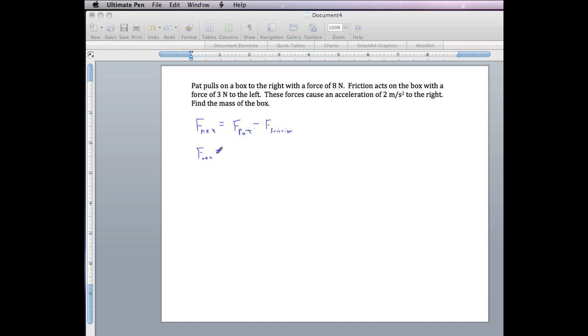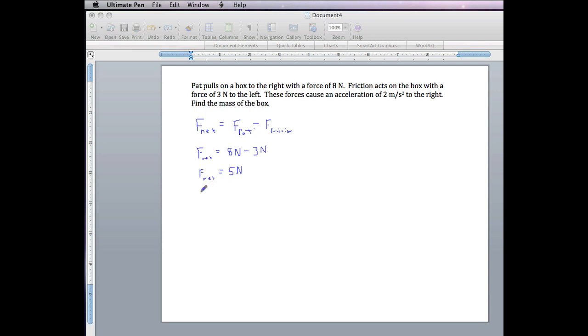Plugging in the numbers, that would be 8 newtons, Pat's force, minus 3 newtons, the friction force. When we do the subtraction, we get 5 newtons. That answer is positive, which says that the net force is to the right.